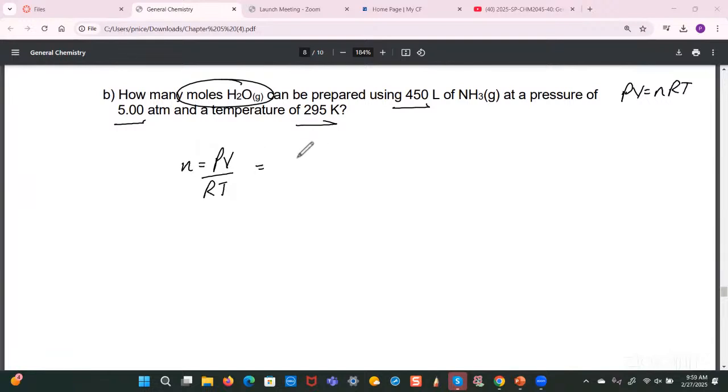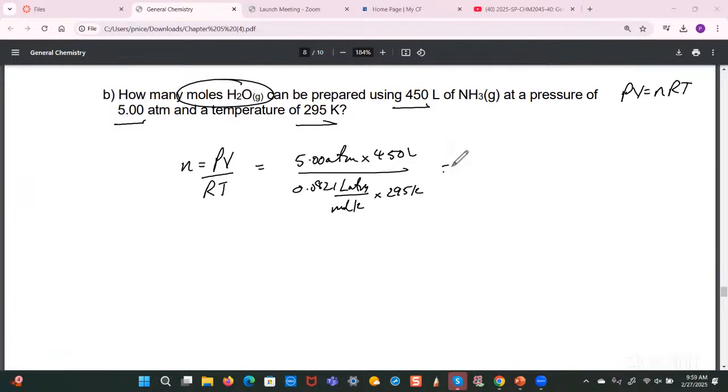So the pressure is 5.00 atmospheres times the volume, which is 450 liters, divided by R, which is 0.0821 liters atmospheres over mole Kelvin, times the temperature, which is 295 Kelvin. So let's see what that gives.